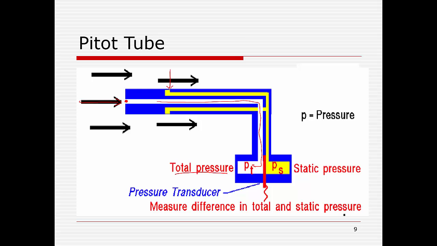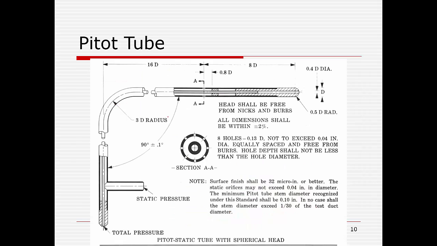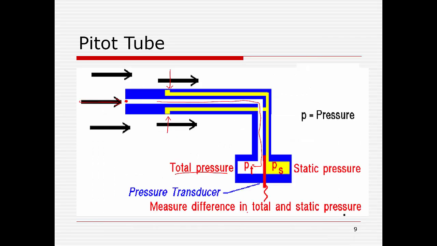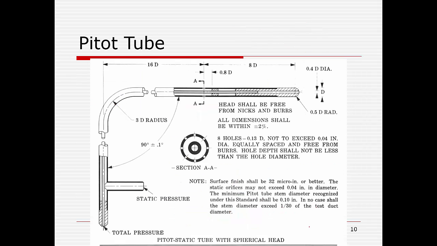The one that is perpendicular to the flow, there is no velocity in that direction, so it is basically measuring the static pressure. The difference between the two is the velocity pressure. So the total pressure is equal to the static pressure plus the velocity pressure, static pressure plus rho v squared by 2, okay, where things are in pascals.